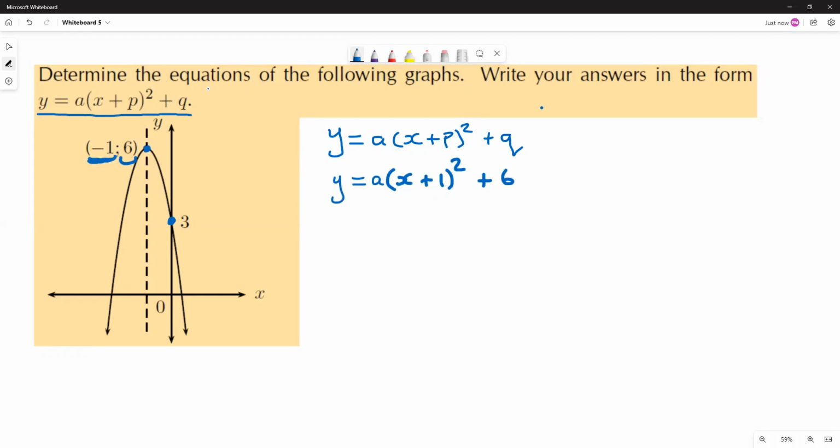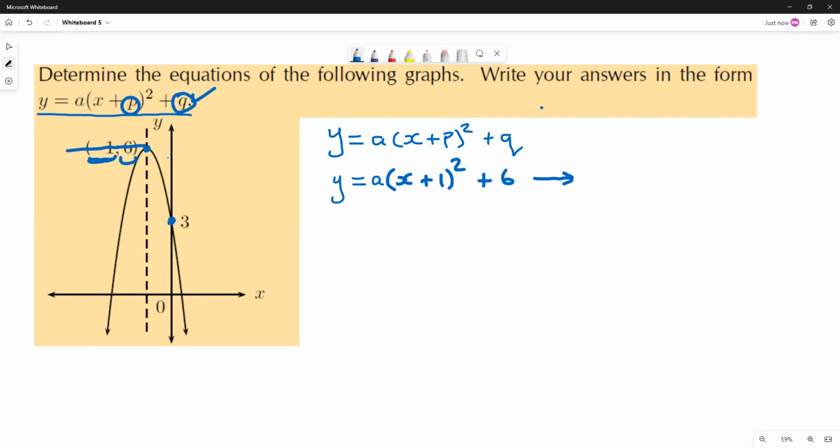Because they say we must leave it in this form, I know that here I'm sorted. I just need to get a. Remember, to get a, you always substitute a point. The turning point you used already, you can't use it again. But we have another point, which is the y-intercept.